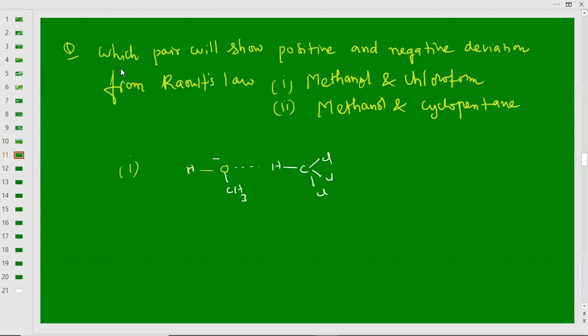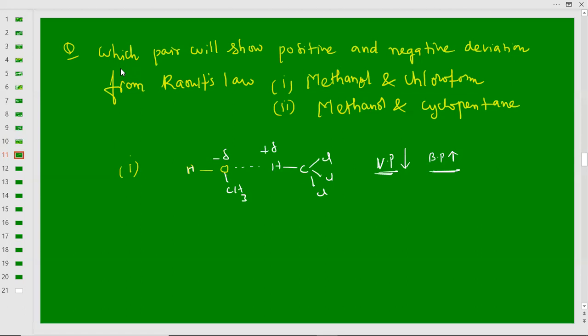In the alcohol, hydrogen is positive. So because of hydrogen bonding, what will happen? Vapor pressure decreases, the escaping tendency of the molecule decreases. When the escaping tendency decreases, the boiling point increases. Whenever the vapor pressure is decreasing and the boiling point is increasing, these are maximum boiling compounds.